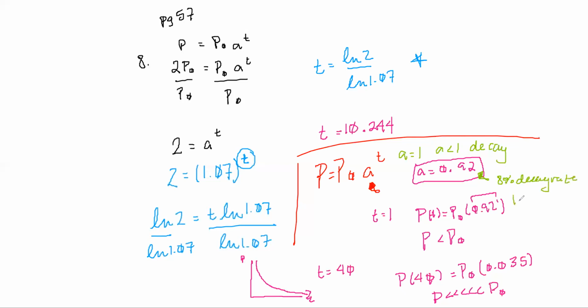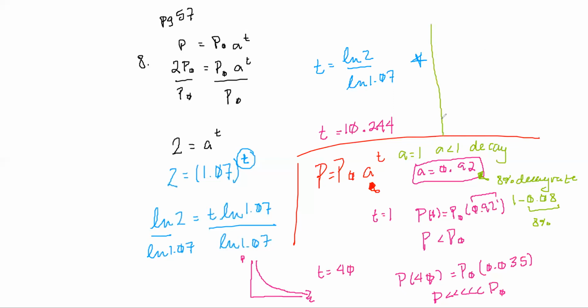Because it is 1 minus 0.08, or 8%. Are we good with that? This is true? Nobody's saying anything. Awesome. Cool. So this is true. We're A-okay with that.